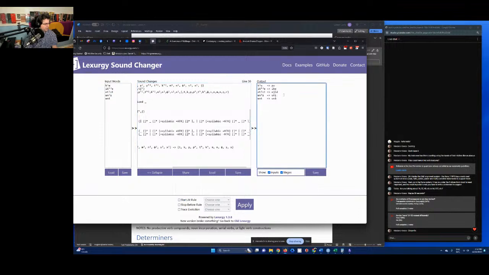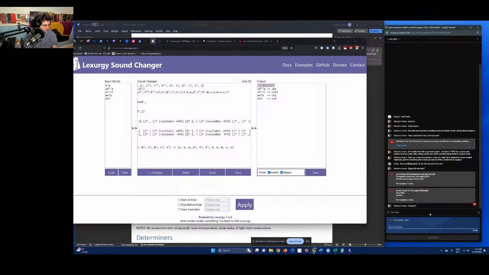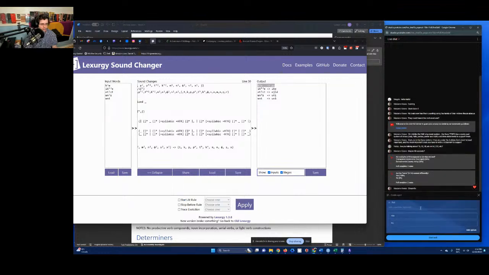I'm going to have to figure out what the problem with that is. But what is the form? I'm just going to manually do my vowel harmony rule so that these forms are correct.